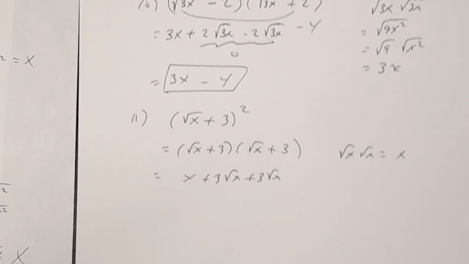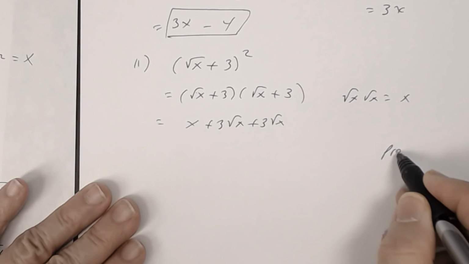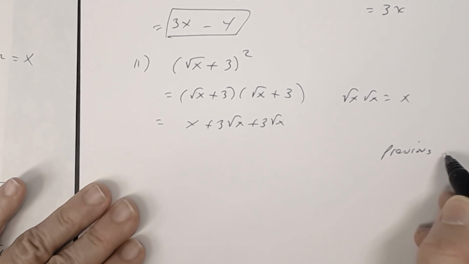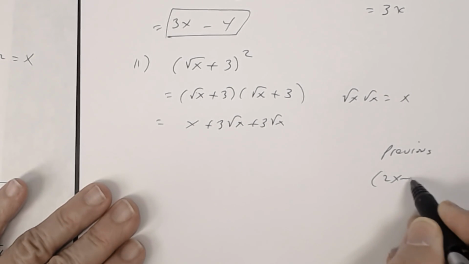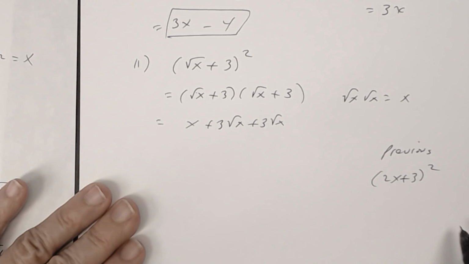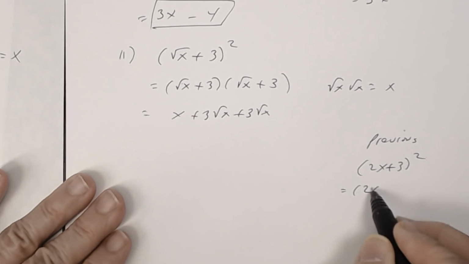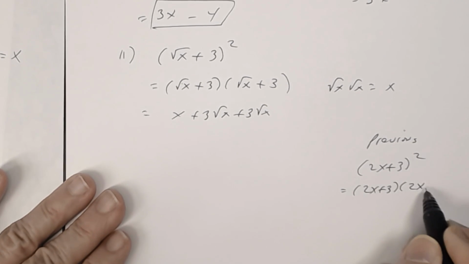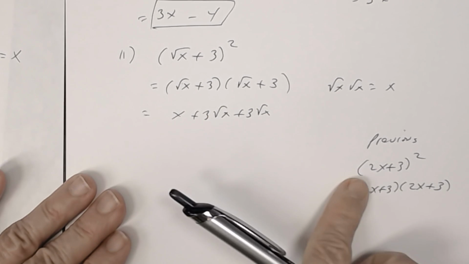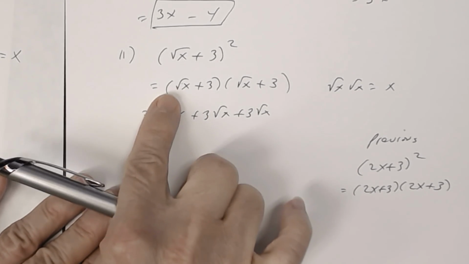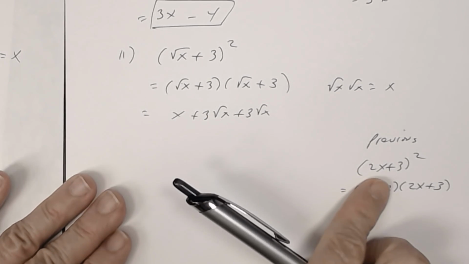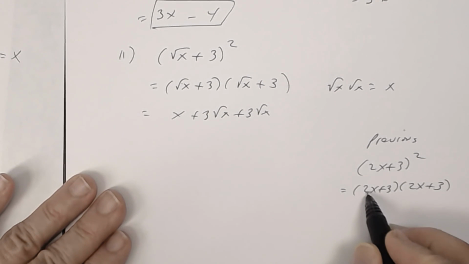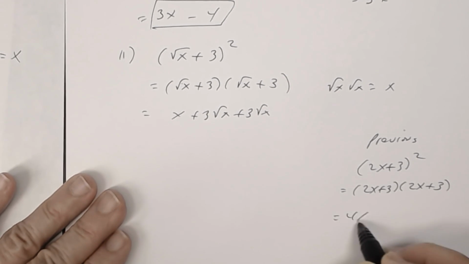So remember in a previous lesson where you had 2x plus 3 squared, let's say, and you FOILed it out. You wrote it out like this first. That's that same idea, except this time you're dealing with radicals, and here you're dealing with polynomials. And so 2x times 2x is 4x squared.